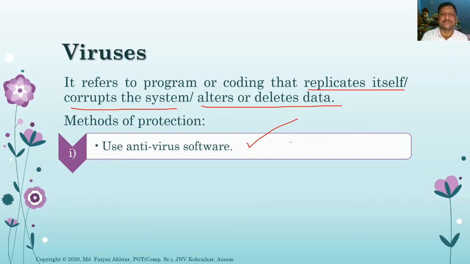However, the operating system may provide some software, for example, Windows provides disk defragmenter, which helps prevent viruses, but we recommend that you purchase and install antivirus software in your computer. Any antivirus software is sufficient.